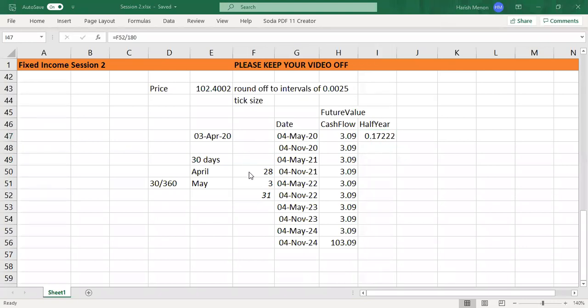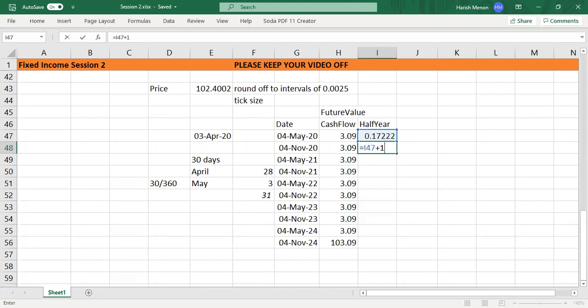So I repeat, 28 days in April, you will get the coupon for, and 3 days of May. So 28 plus 3, 31 days away is your first coupon. 31 days is, if you understand, 31 divided by 180. What is 180? 6 months, 6 into 30. So you are 0.17 half year away. The first cash flow is 0.17 half year away. Second cash flow is this plus 1.